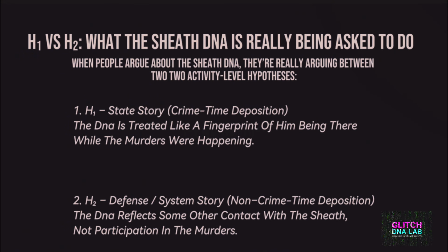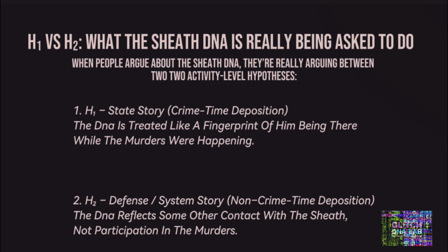And then you have H2, which is usually the defense or the system story, and that is non-crime time deposition. The defendant was not at 1122 King during the murders. The sheath is a movable object. It can be handled, moved, or stored elsewhere. Any DNA from him, if it's truly his at all, was not deposited at crime time.